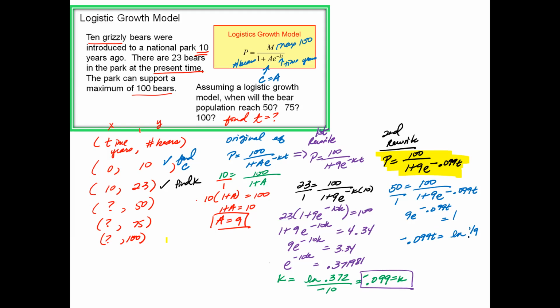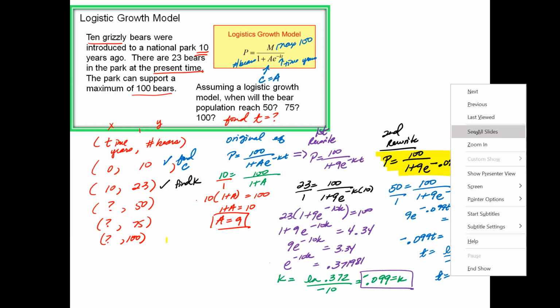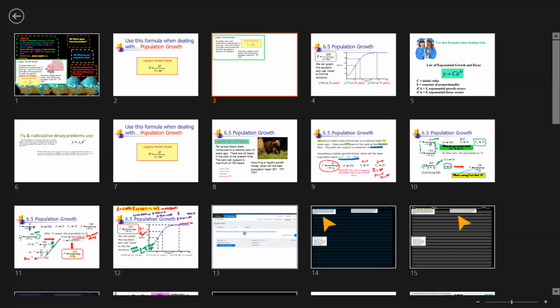And then lastly, you're going to divide by the negative 0.099. So t equals ln of 1 over 9 divided by negative 0.099, which is going to give you a t value of 23 years, I believe.